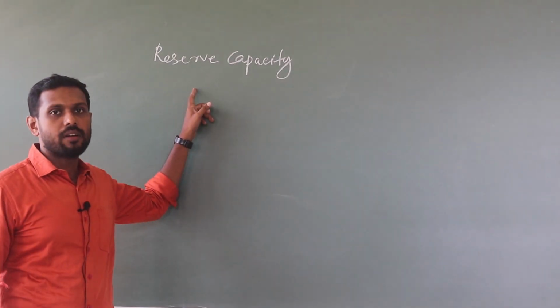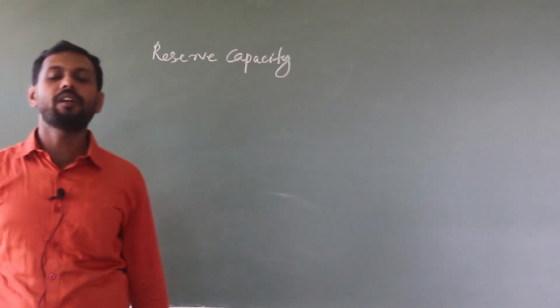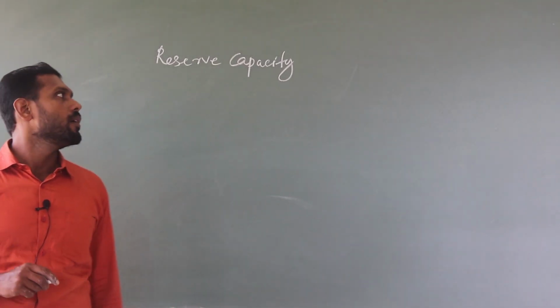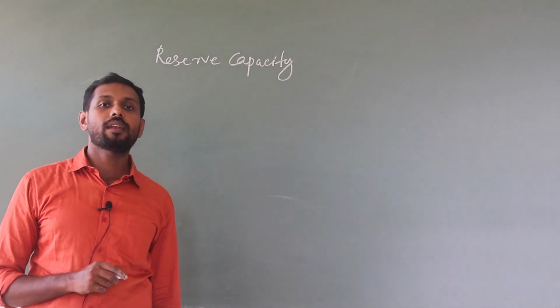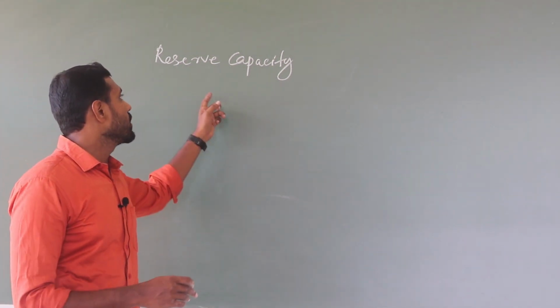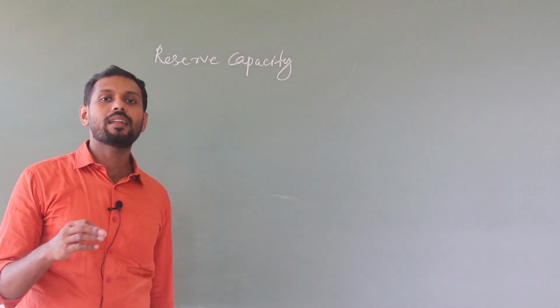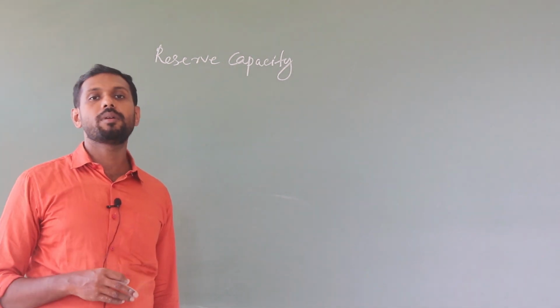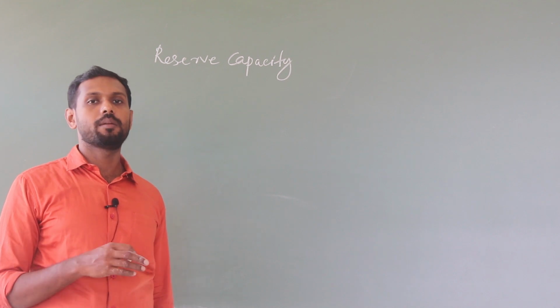Then one more definition, reserve capacity. What do you mean by reserve capacity? We have explained plant capacity factor, plant capacity and maximum demand, and reserve capacity is generally defined as the relation between plant capacity and maximum demand.